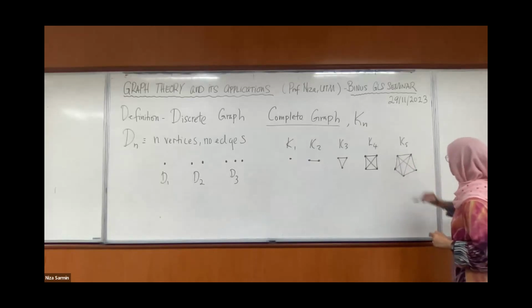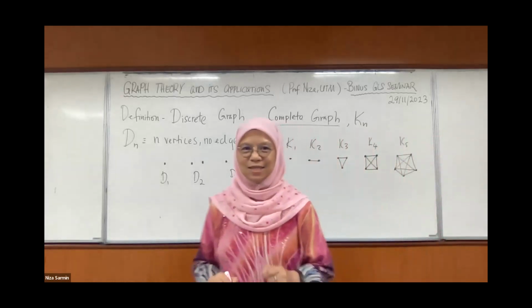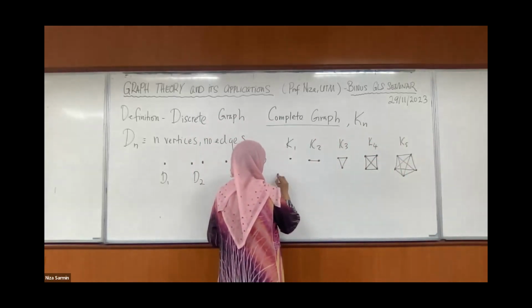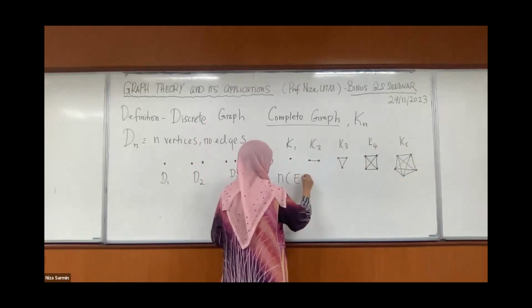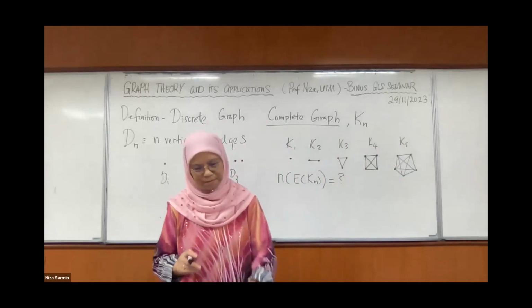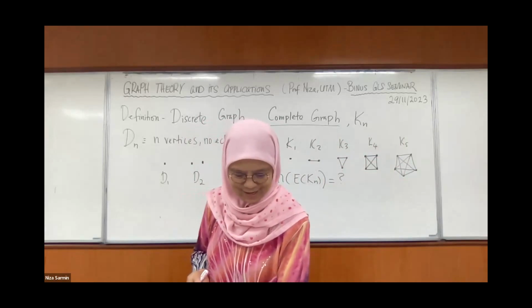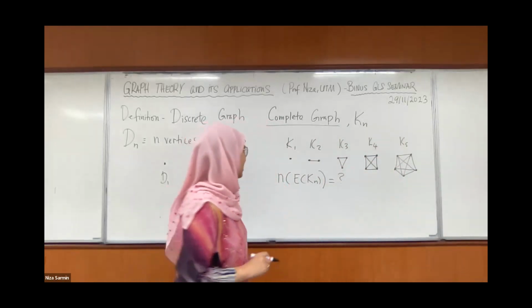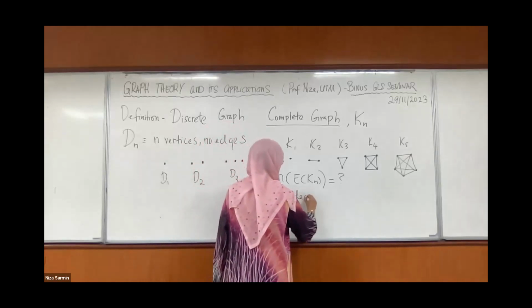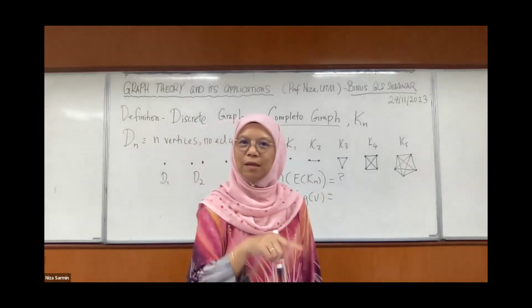Then how many edges for Kn? First we know the degree. The degree is always n minus 1.